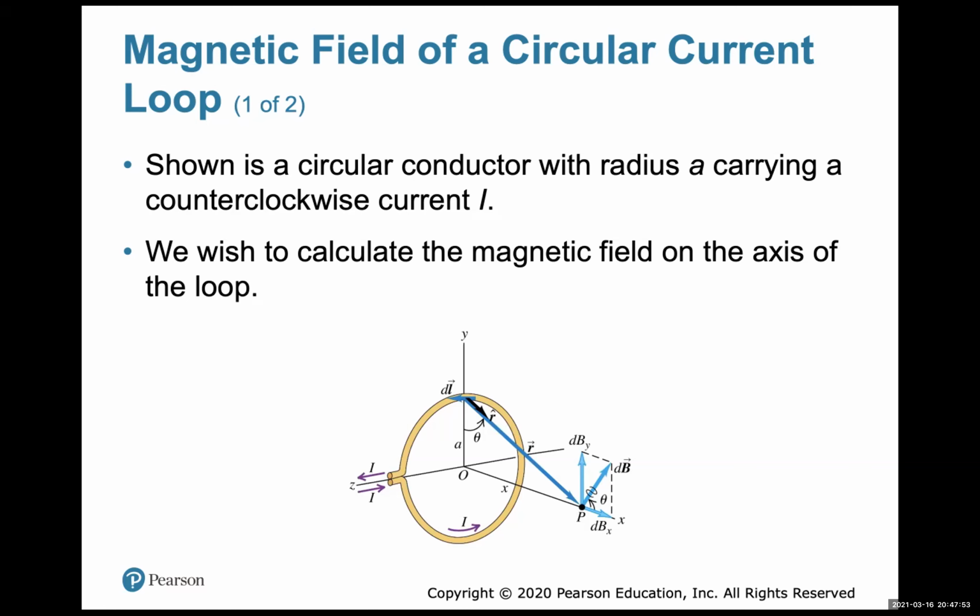From symmetry, I think we can argue that the perpendicular components, or as drawn, the y component, will have an equal magnitude but oppositely directed y component on the opposite side of the ring of current.